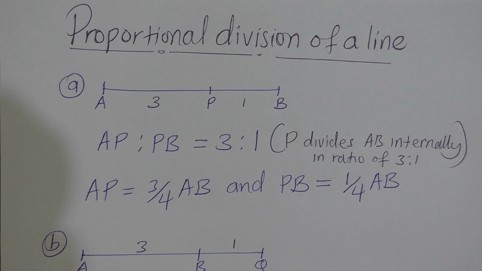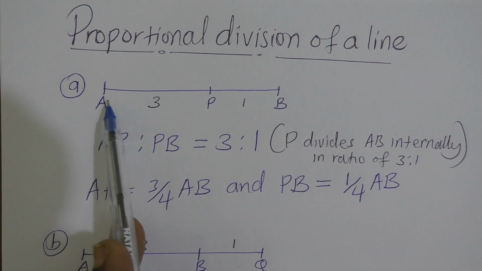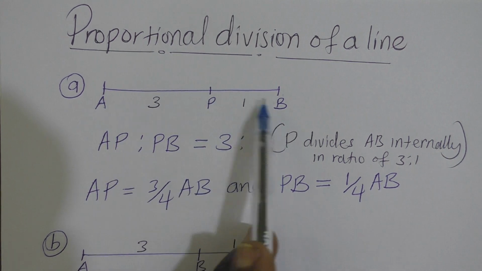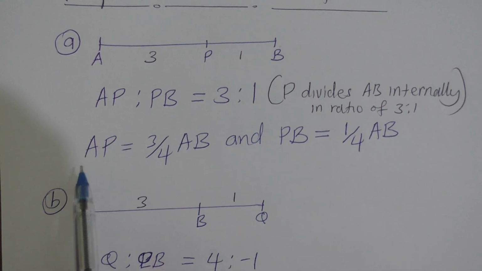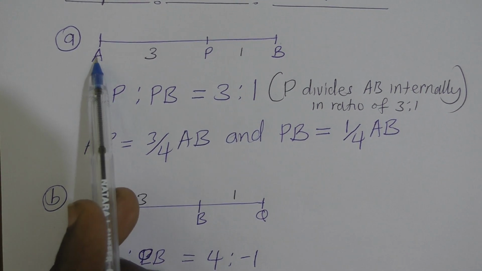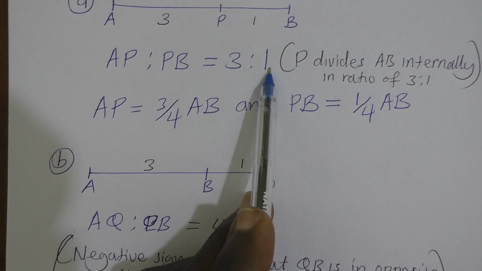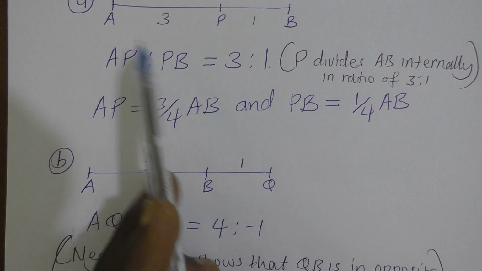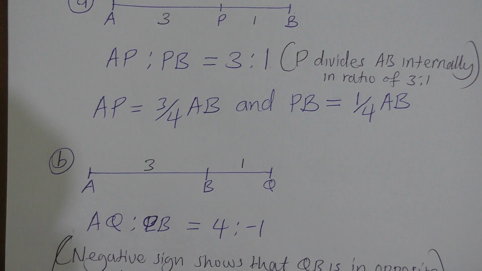For instance, we have a line with points A, B, but P is dividing the line in the ratio of 3 to 1. And therefore, that means that the ratio of AP to PB equals 3 to 1. Then we might be asked to find the vector AP or vector PB. This is how we are able to do that.